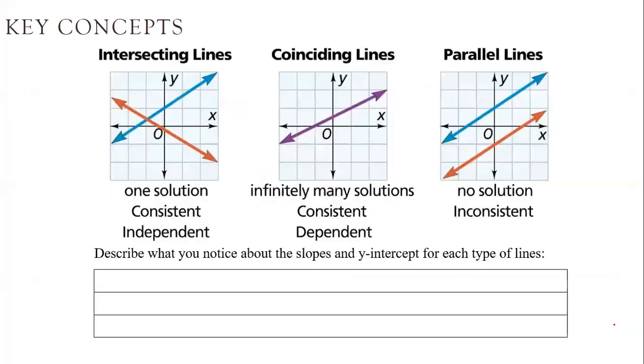Good? Okay. So our key concepts for this lesson are systems, and systems are when you're dealing with more than one function at a time. So we're talking about linear systems, dealing with more than one line at a time. This is how you reach conclusions about what your solutions would be. If I have intersecting lines, we say that they have one solution, it's a consistent system, and an independent system.